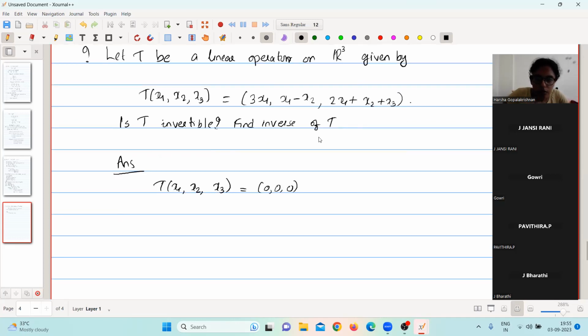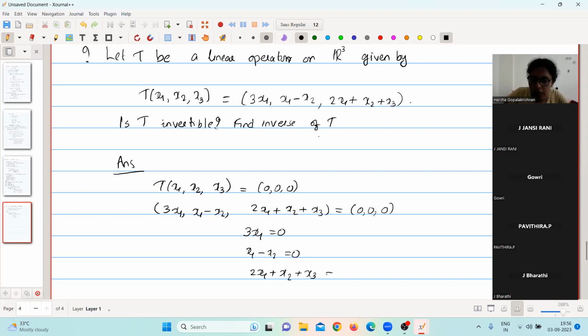So what we will get is 3x1, x1 minus x2, 2x1 plus x2 plus x3. So we are finding the elements in the kernel. In between, if you have any difficulty or doubt, you just ask me. So equating coordinate-wise: 3x1 equals 0, x1 minus x2 equals 0, and 2x1 plus x2 plus x3 equals 0.